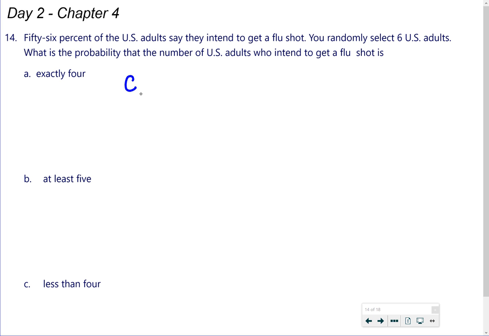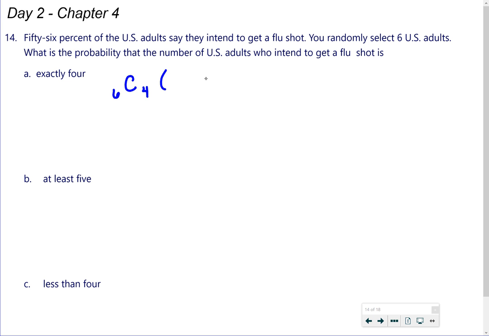So it's going to start with your combination. So how many are we choosing from in this example? 6. And how many do we want to be chosen or to be successful, I guess? 4. Okay. So out of 6, we want 4 to say that they are going to get the flu shot.